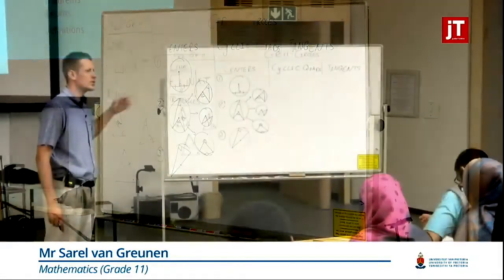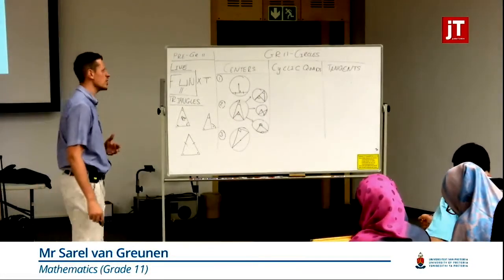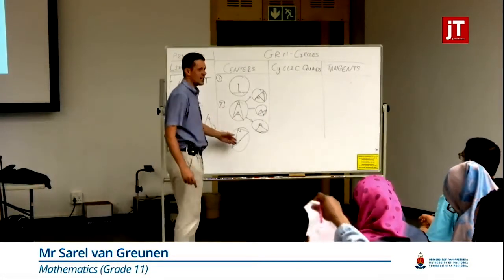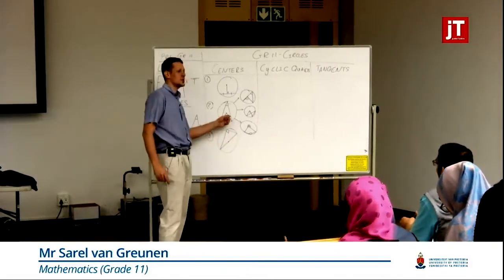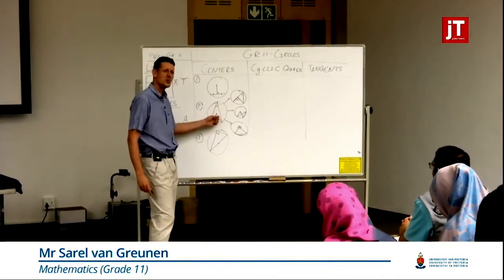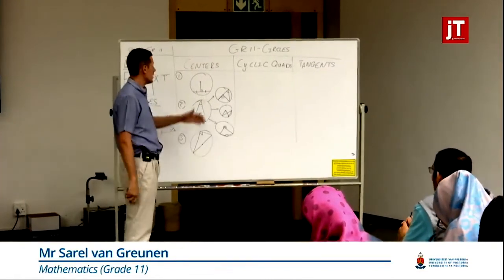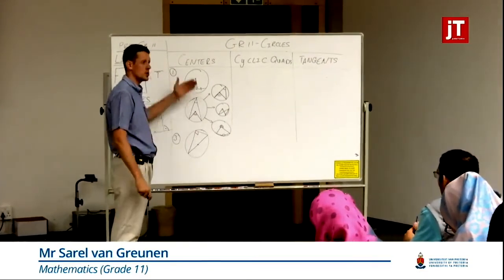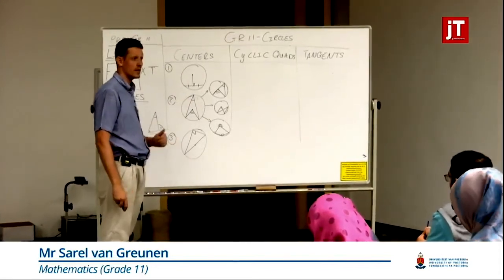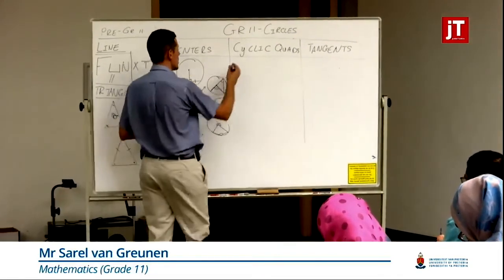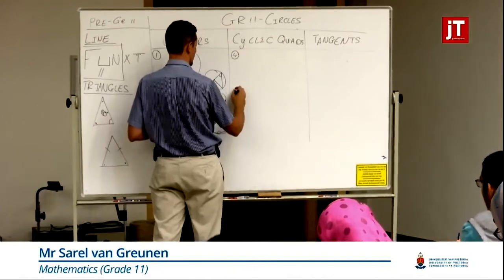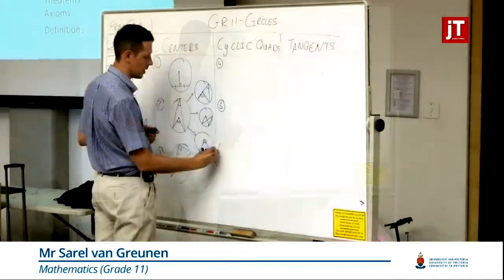This depends on the teacher, because this one is actually a corollary of this one, meaning a special case of this one. It doesn't matter. I break it up into 3 because it makes it easy, and then I remember everything. Theorem 4, 5, and 6 are my cyclic quad theorems.